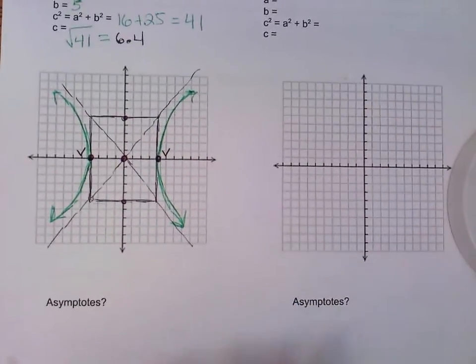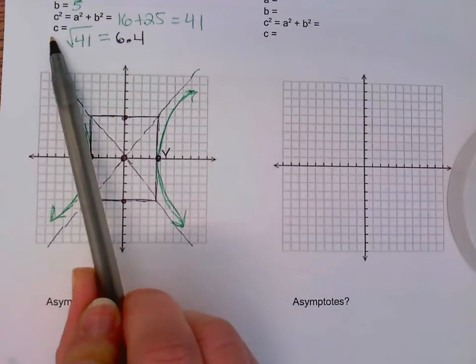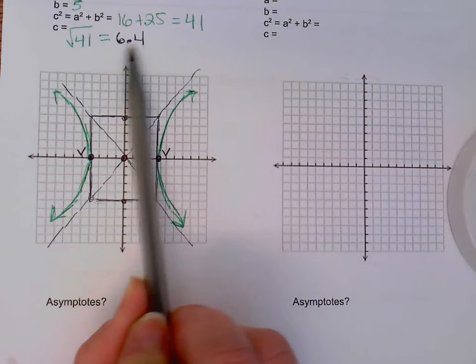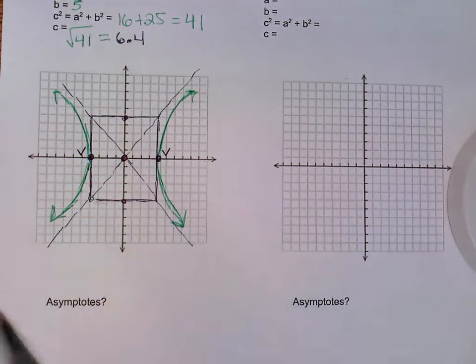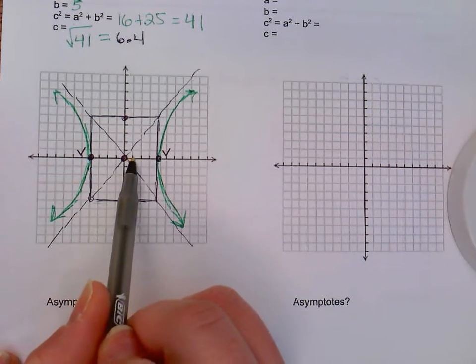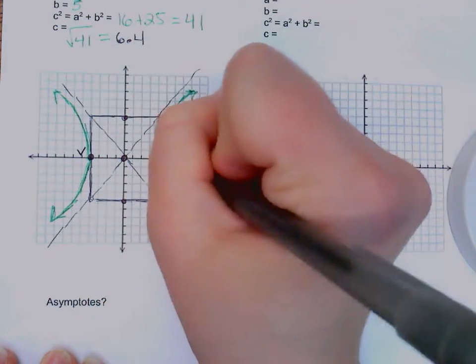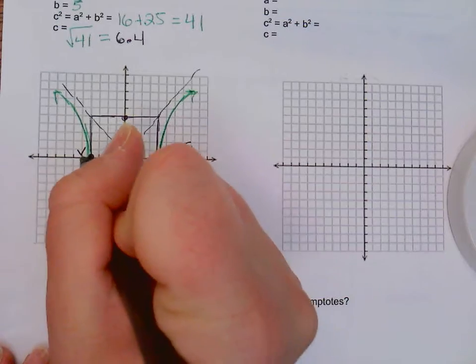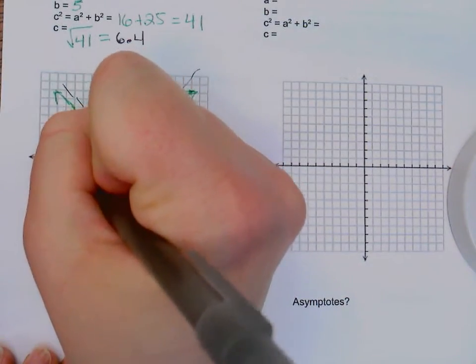So I told you I would show you where the C value is. So it is also a focal point, and it's 6.4 units from the center on the transverse axis. So 1, 2, 3, 4, 5, 6.4. There's the focal point.